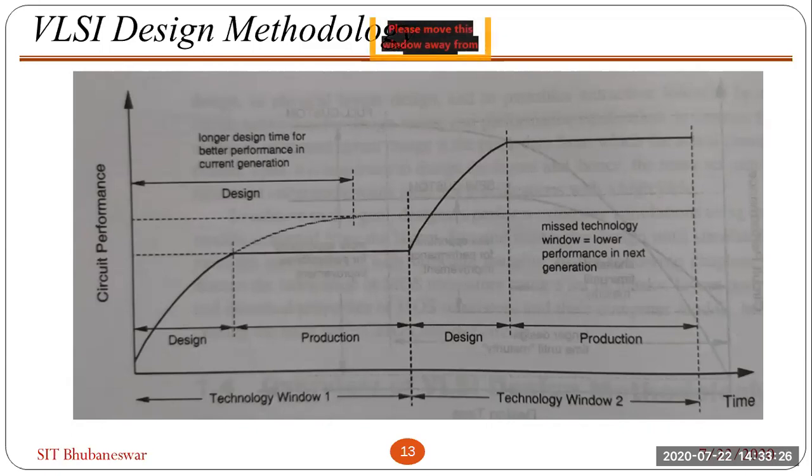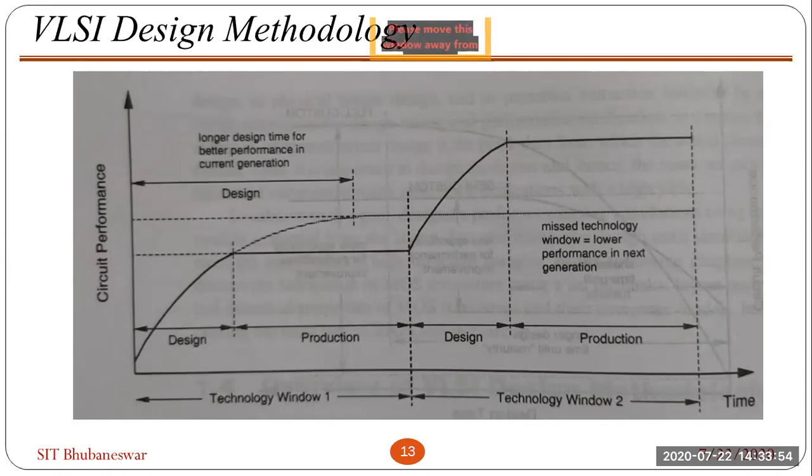Are you getting it or not? No, sir, I didn't get it completely. See, first of all, I am talking about technology window 1. In technology window 1, it is divided into two things: the design window, then the production window. That means some time is given to the design phase.